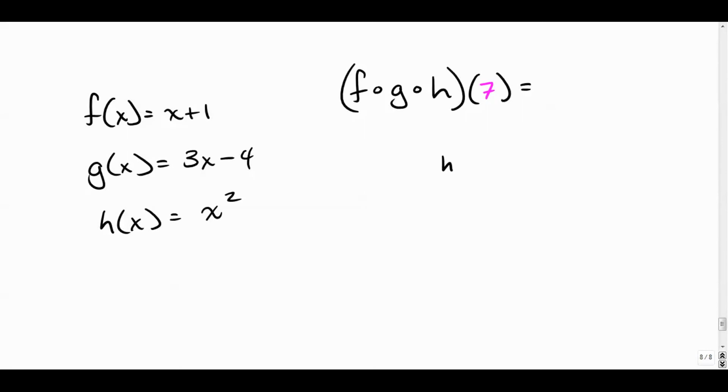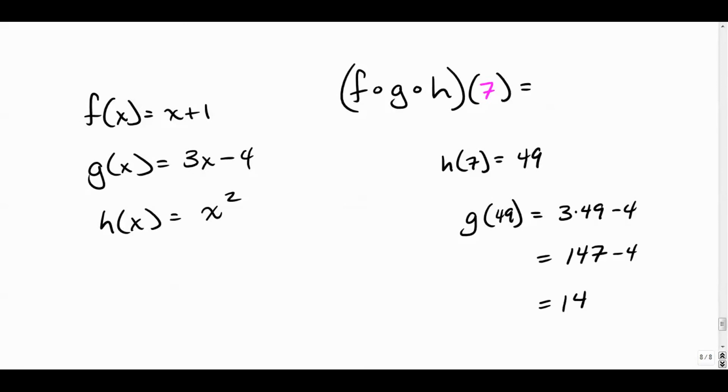Find h of 7 first. h of 7 is 49, and then find g of 49. 3 times 49 minus 4, that's 120 plus 27 is 147 minus 4 is 143. And then I'm going to find f of 143. f of 143 is 143 plus 1. So that's how that would work from the inside out.